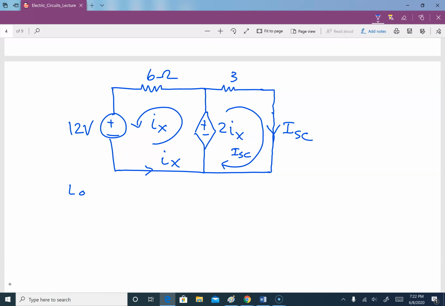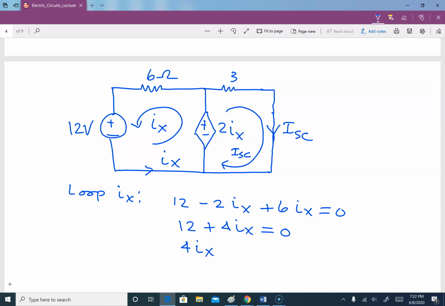So loop Ix, that is 12 minus 2ix plus 6ix is equal to 0. And 12 plus 4ix is equal to 0.